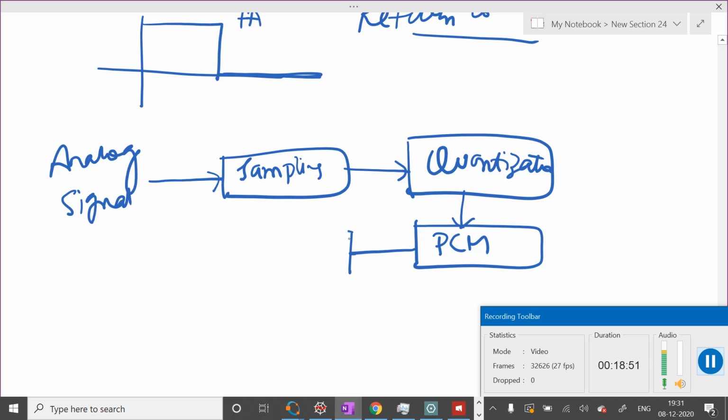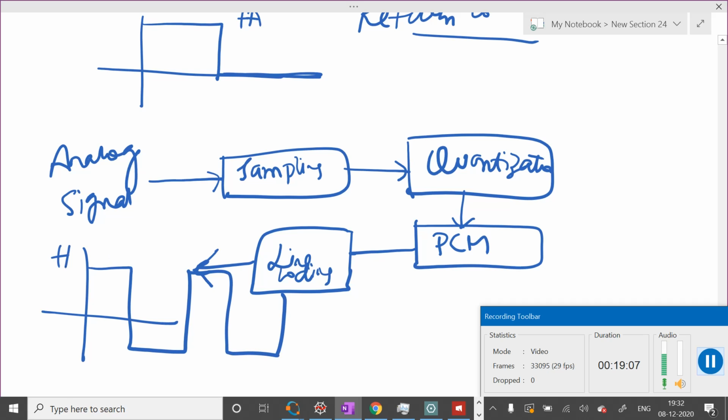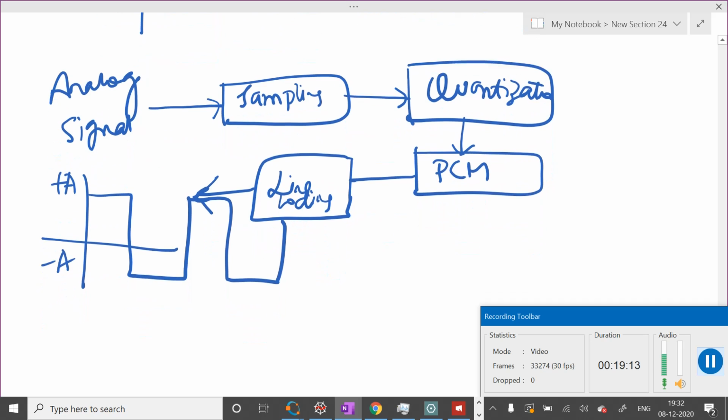Now you have binary ones and zeros. Now you do line coding. After line coding, you have a binary digital signal of this type: 1 and 0 represent the plus A level and minus A level. So I think the process is now pretty much clear.